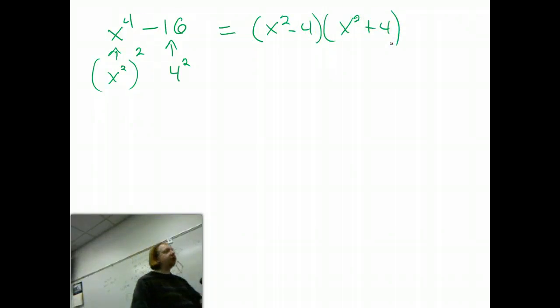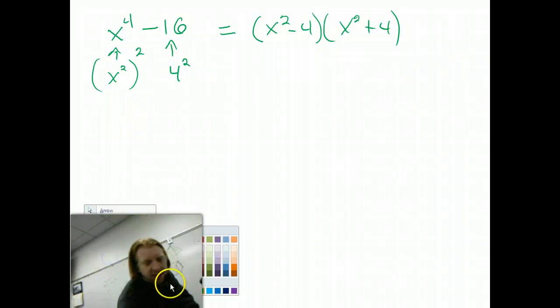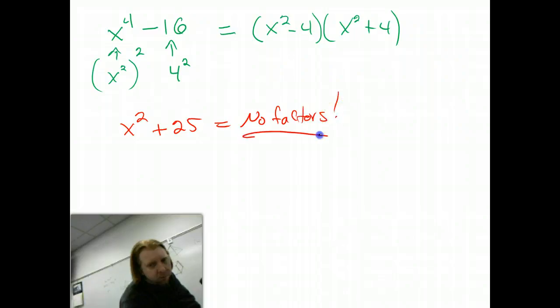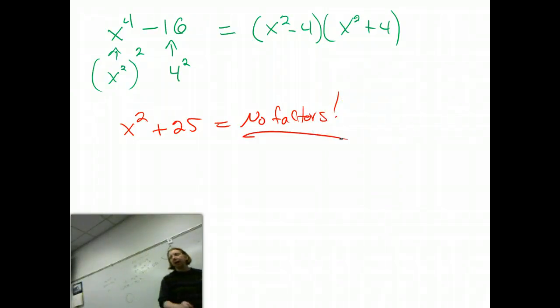Now, I do want to caution you guys. There is no way to factor this. If I have, say, x squared plus 25, it's because there's no negative. Since it's plus, it doesn't work.